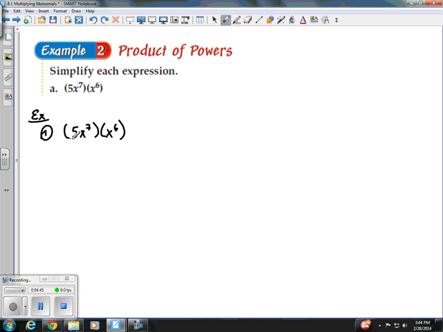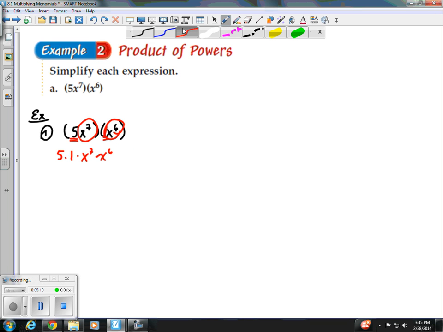So I have a 5 in front in this one. And technically there's a 1 in front of this x, so it could be 5 times 1. And then we're going to look at our x's. I have x to the 7th, so it's all side by side, so it's all being multiplied, times x to the 6th.